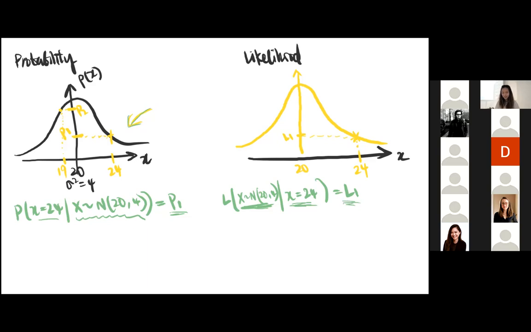So this is where we're going to talk about maximum likelihood. The whole idea of modeling, which we'll get to later when we talk about actually modeling, is we want to maximize likelihood as much as possible. Just as Naomi was getting to, if we have this one puppy of 24, why would we guess that the population is centered at 20?